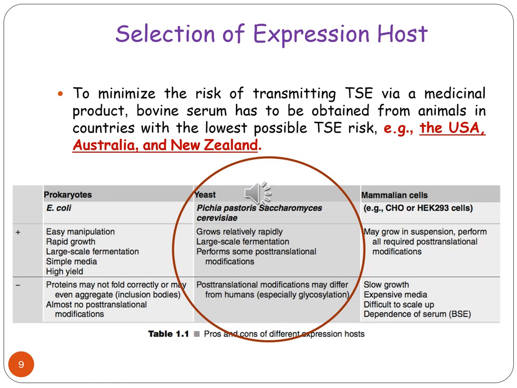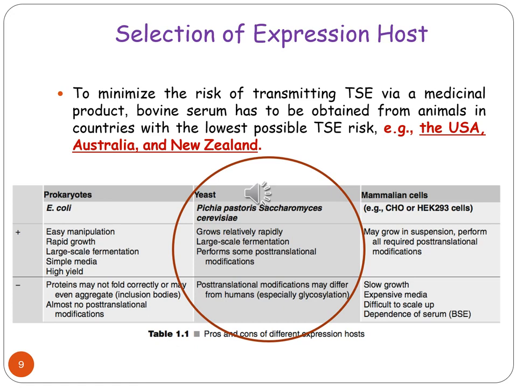The good thing about the yeast, it also grows relatively fast. We can have larger scale fermentation, meaning we can have a large number of yeast cells. They all express the gene of interest.